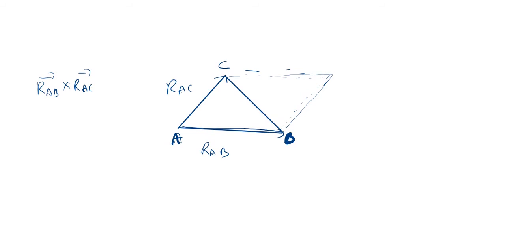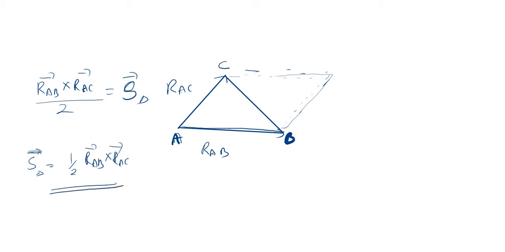So if I take half of this, that is divided by 2, what I am getting is the area vector of the triangle, S triangle. So the area of the triangle S of triangle is given by half RAB cross RAC. This is a very important expression. If it is a parallelogram, this half is not there, otherwise it is half of RAB cross RAC.